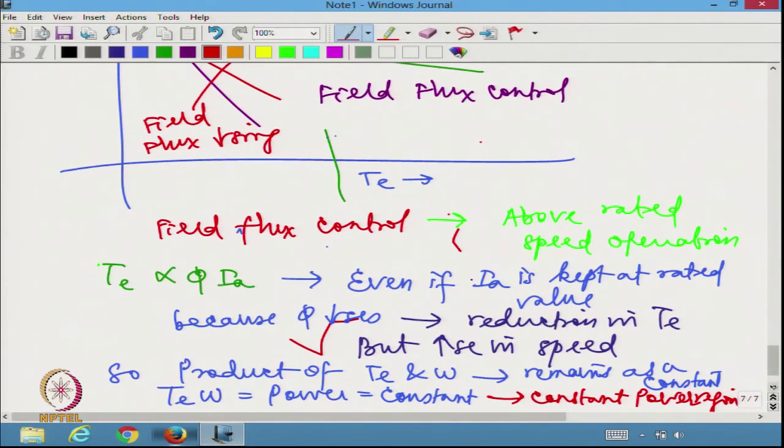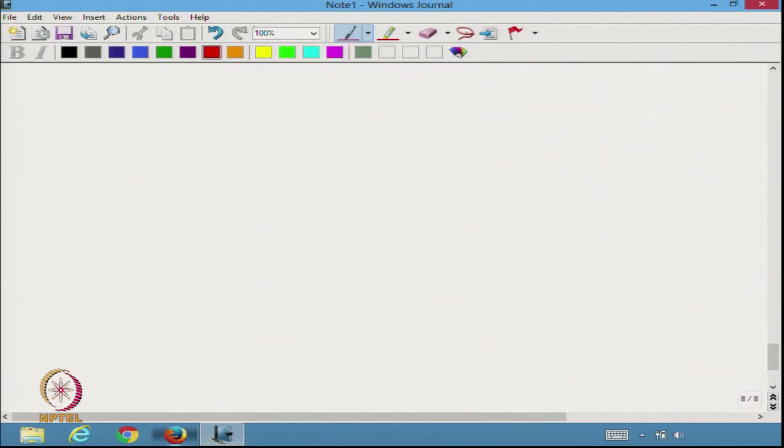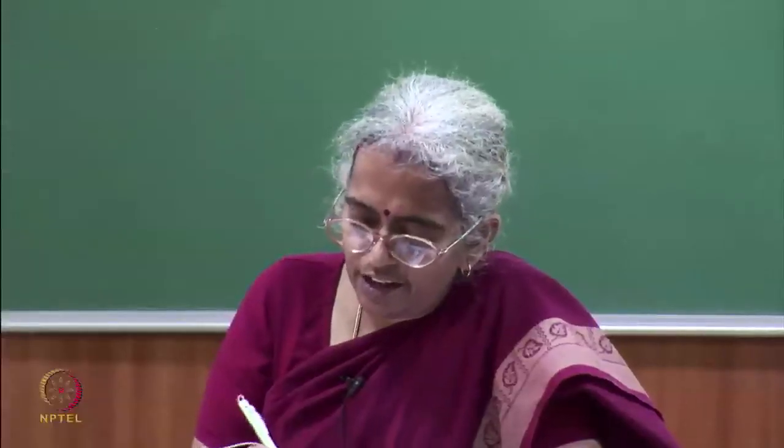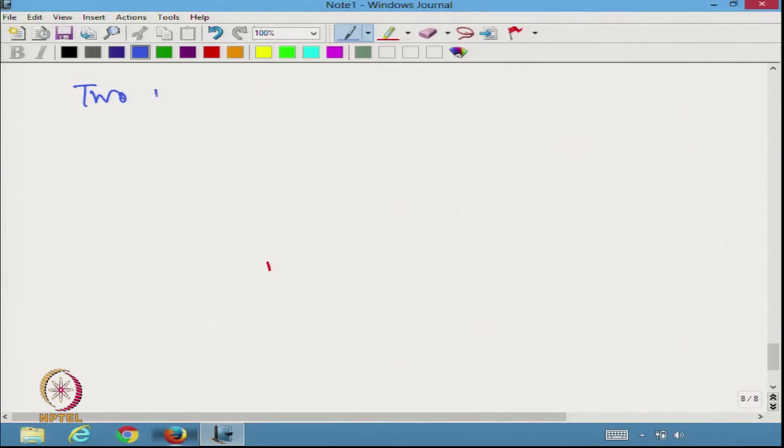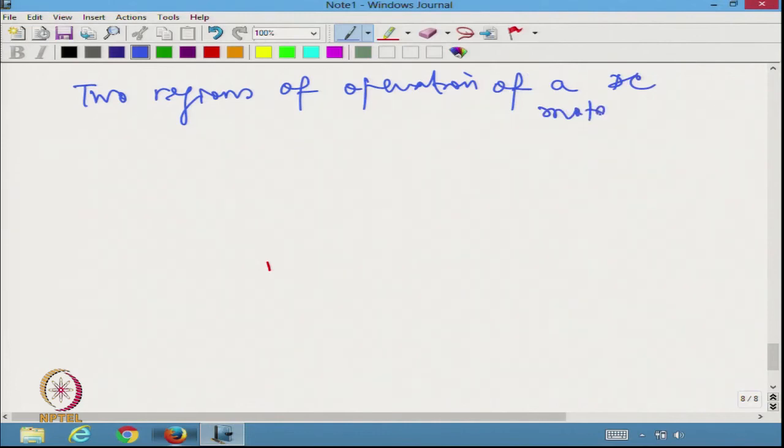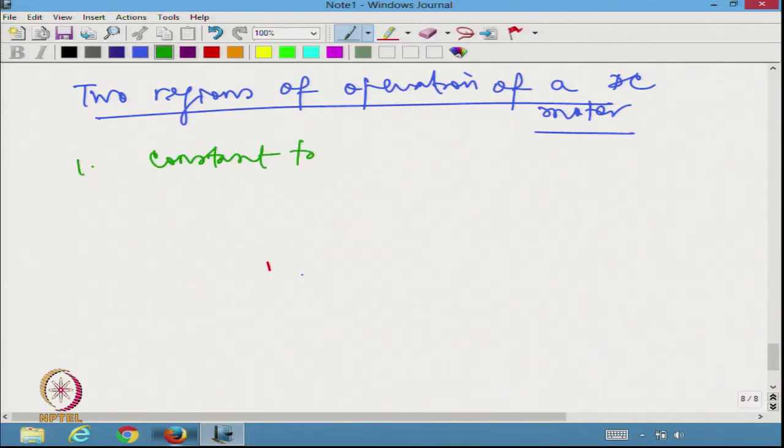So, I can say there are distinctly two regions of operation of a DC motor. One is the constant torque zone.